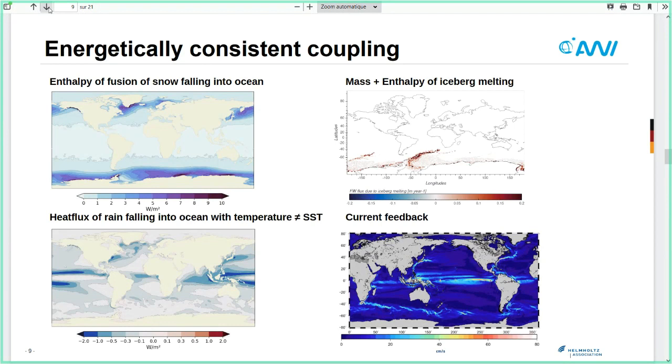So that can also be a watt or two per square meter. And then we recently also activated current feedback. So in the previous model versions, the ocean surface was always assumed to be at rest. And now it is no longer, it is moving, and the atmosphere is being told about what the ocean surface is doing when it calculates surface roughness and momentum exchange, etc.